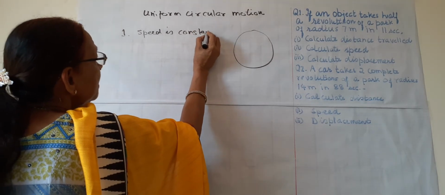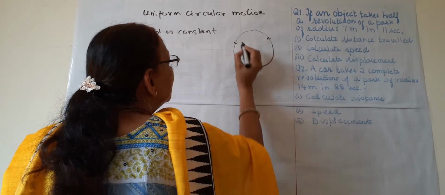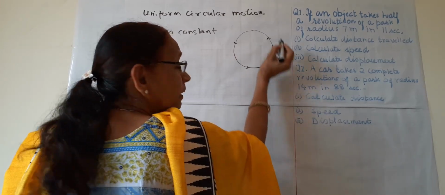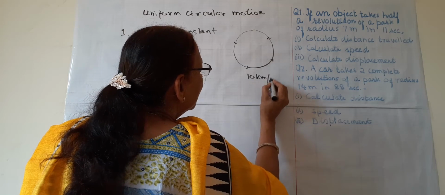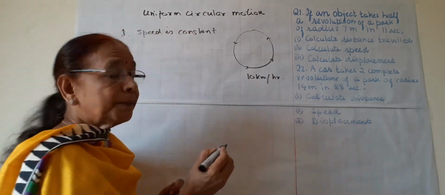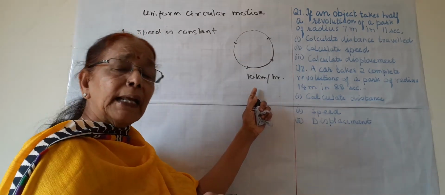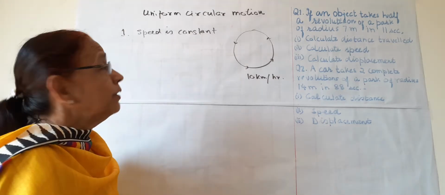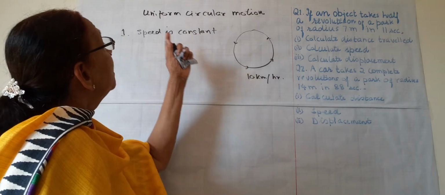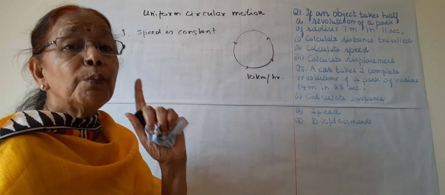What does it mean? It means, suppose an athlete is running in this circular path at the speed of 10 km per hour, and throughout the path he is running with 10 km per hour. So speed is constant. So it should be uniform speed, but it is not uniform motion.